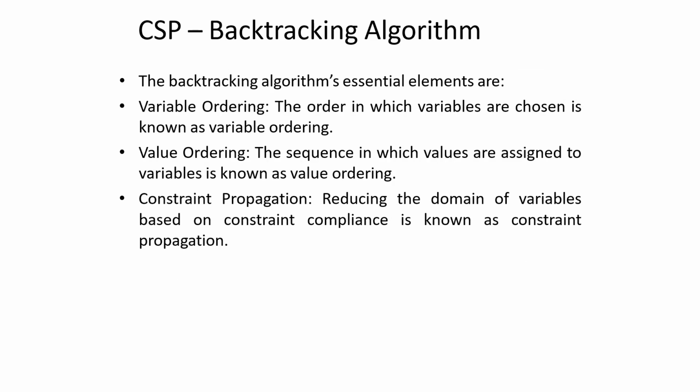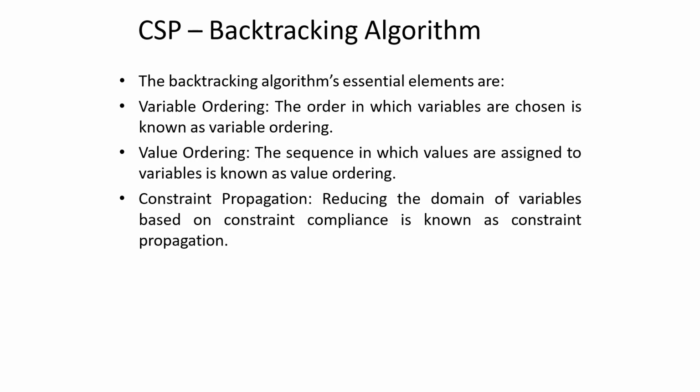In the backtracking algorithm, we choose three kinds of components, and based upon these components we are going to solve this. The first one is variable ordering, then value ordering, and then constraint propagation.